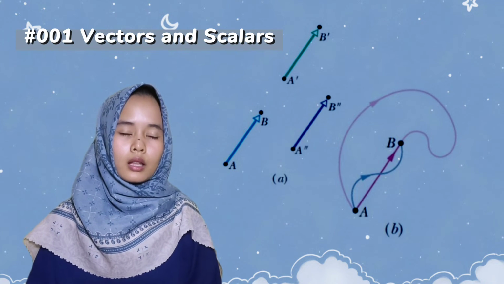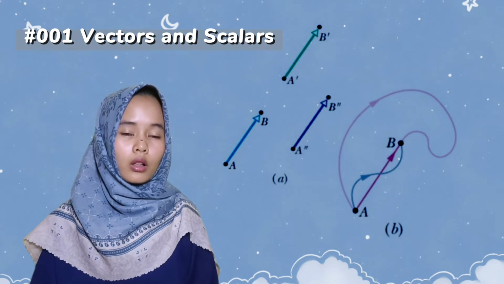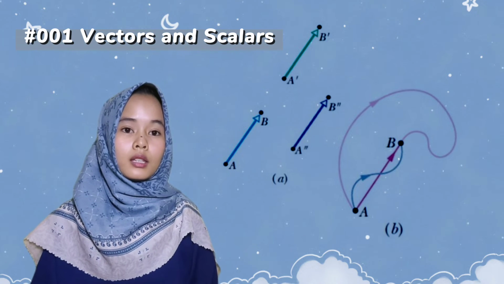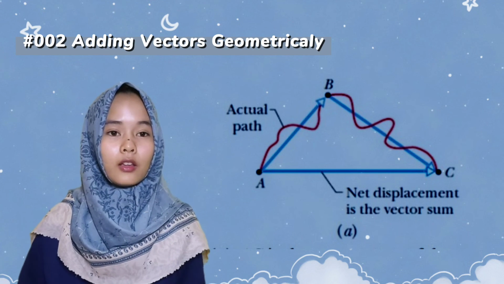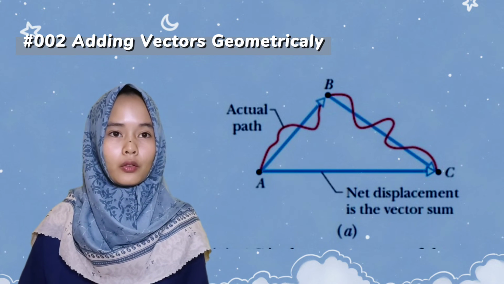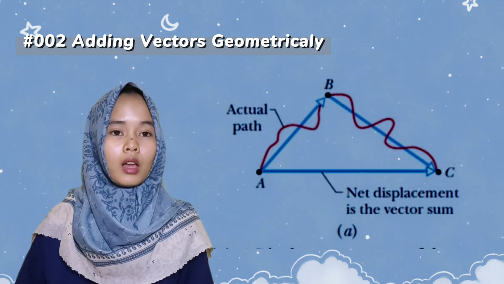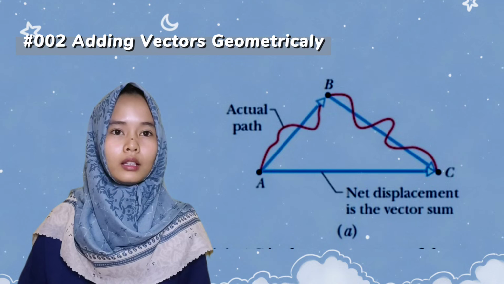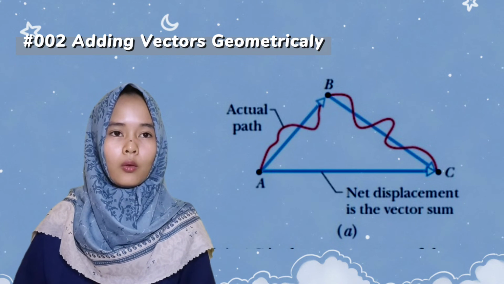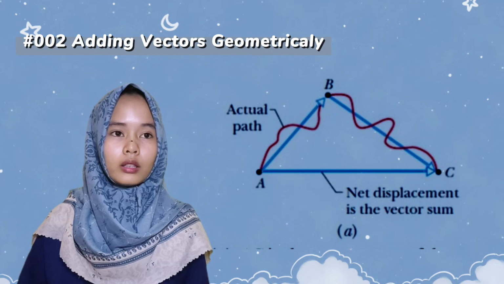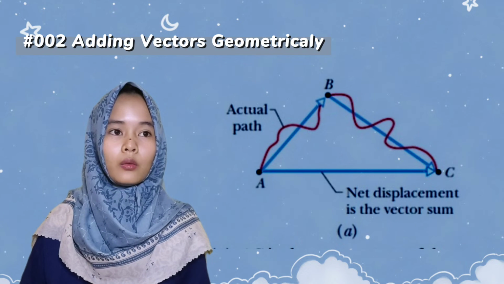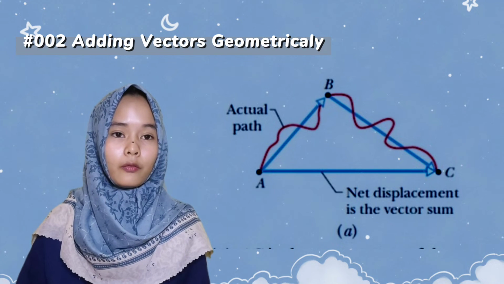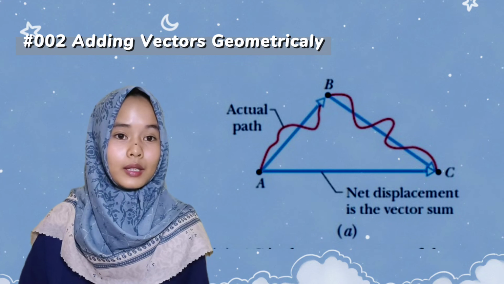Displacement vectors represent only the overall effect of the motion, not the motion itself. Second, adding vectors geometrically. Suppose that, as in the vector diagram of Fig A, the particle moves from A to B and then from B to C. We can represent its overall displacement, no matter what its actual path, with two successive displacement vectors, AB and BC.